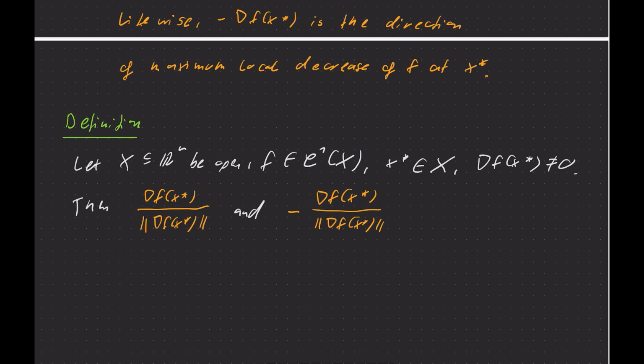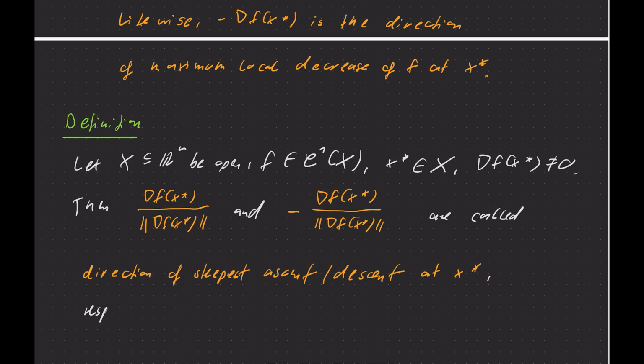Now these two are called the direction of steepest ascent or descent at x star, respectively.